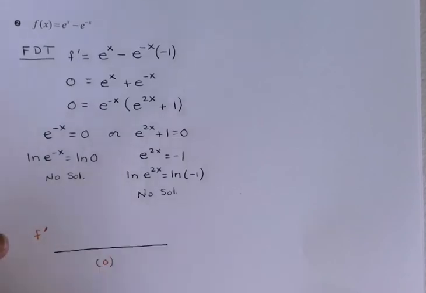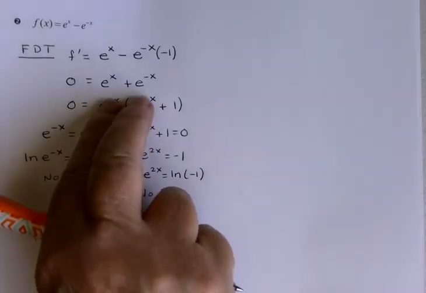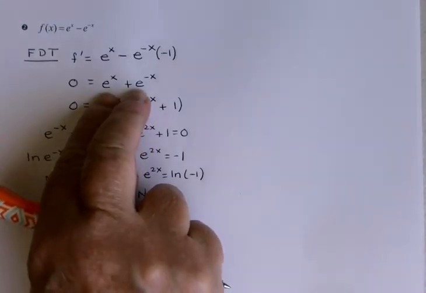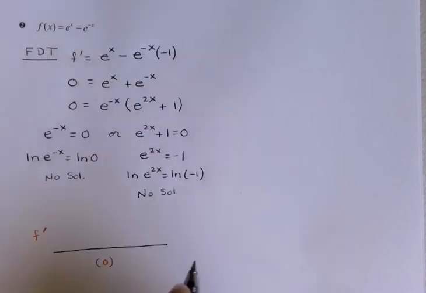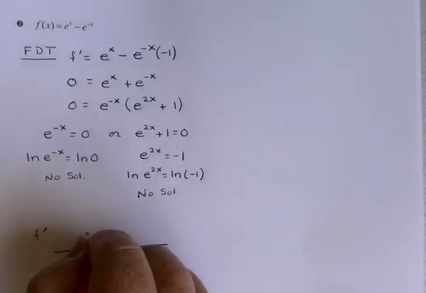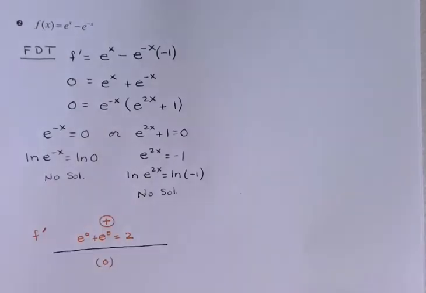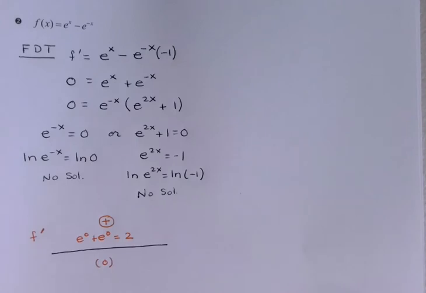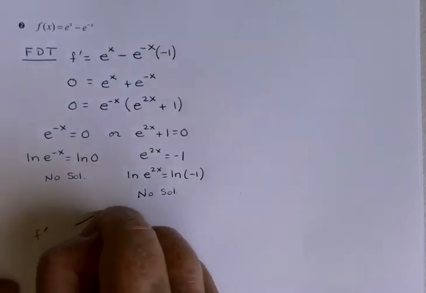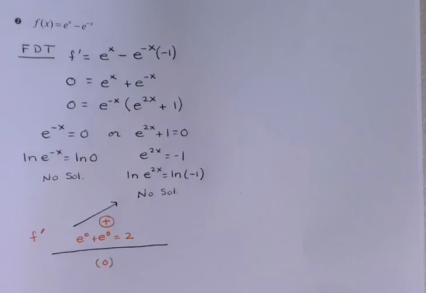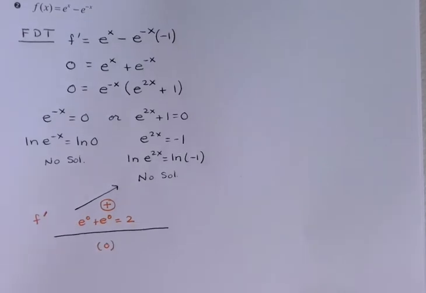Let's do 0 to make life easy. And if I plug 0 into my derivative, e to the 0 plus e to the 0 is 1 plus 1 or 2. It's positive. So what this tells me is that my function is always increasing, and there are no maximums or minimums.